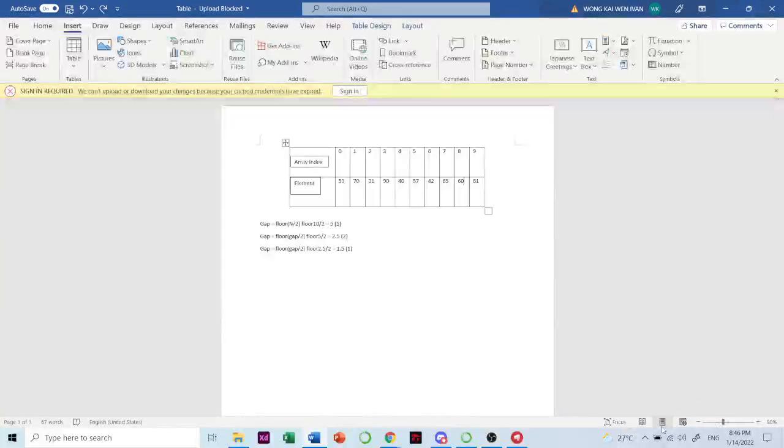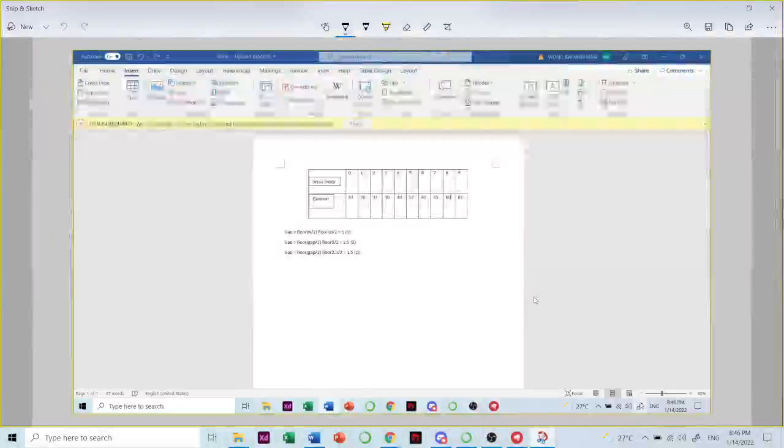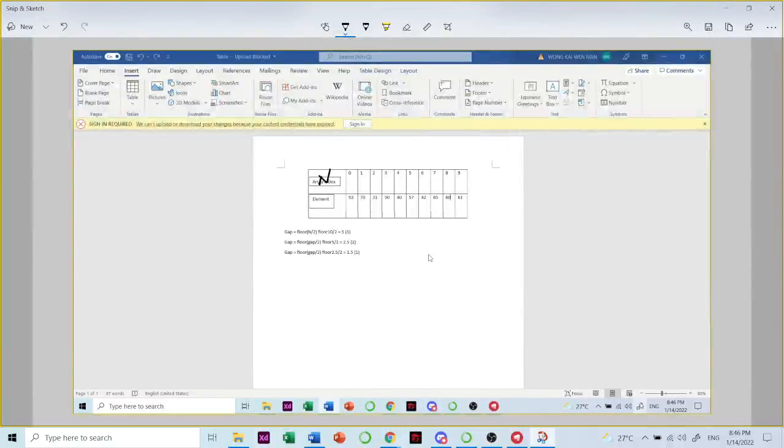Basically, I'm gonna put an array of index and element, and I'm gonna name my array of index n. So this formula will bring me to n divided by 2, as the gap cannot be greater than n.